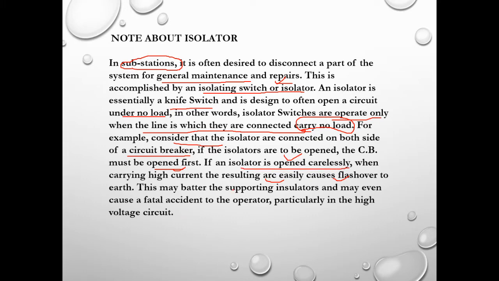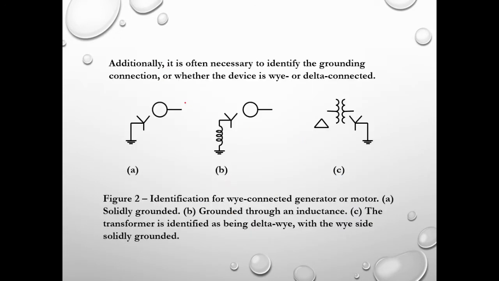It may damage the supporting insulator and may even cause a fatal accident to the operator, particularly in the high voltage circuit. So this is a reminder whenever you operate an isolator, especially the knife type of switch, or oscillator.